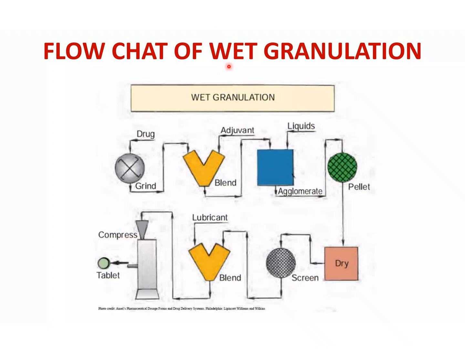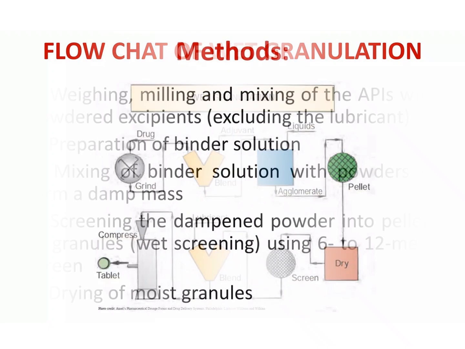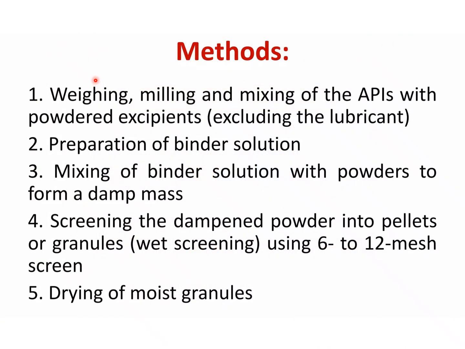This process is called wet granulation because binder solution is added in this method. So we would never find this binder solution in our upcoming methods, that is direct compression or dry granulation. The method has been described here. First of all, weighing, milling, mixing of the API with powder excipient as we have discussed.